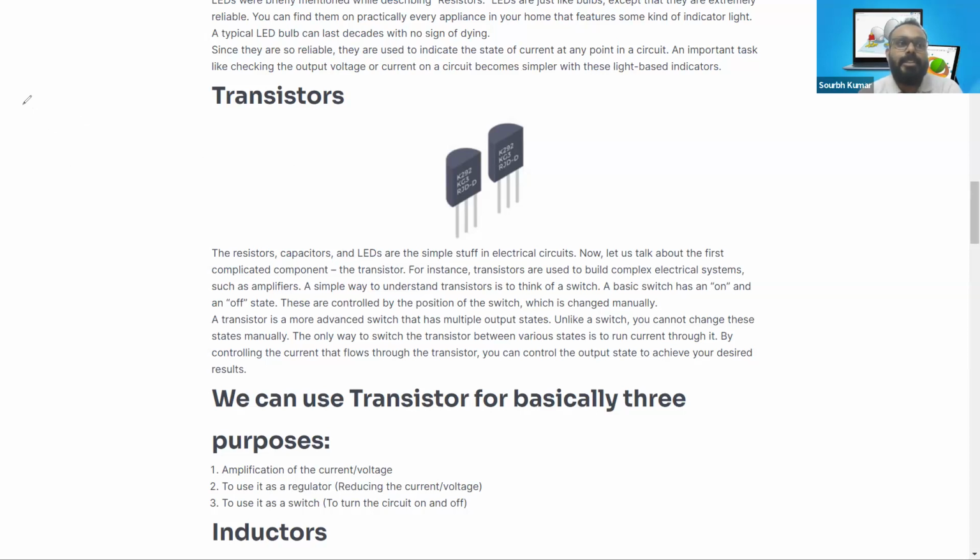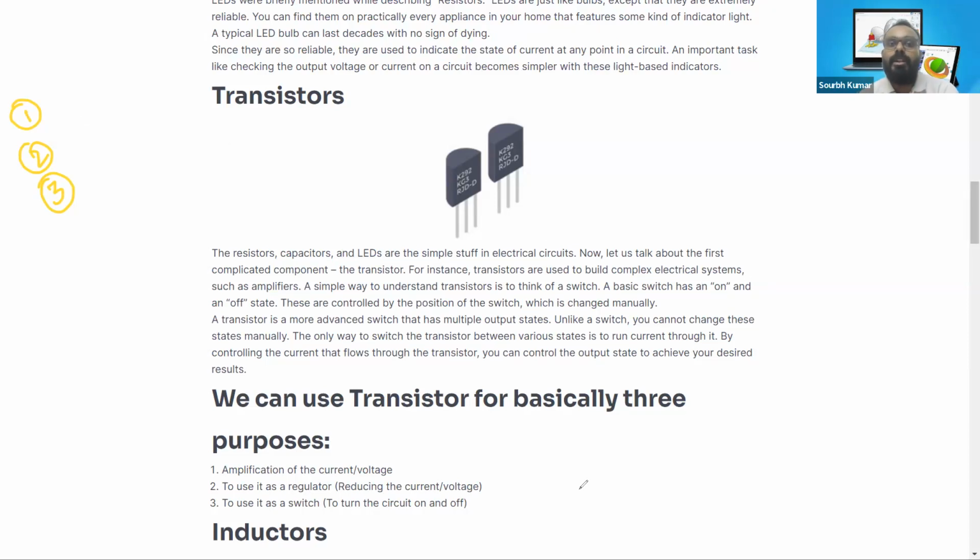First one, as Swati ma'am said, control the flow of current and electronic switch. Yes, Mohammed Hassan sir. That's the exact thing I was looking for, electronic switch. That's the main reason we utilize transistors in our electric circuit.